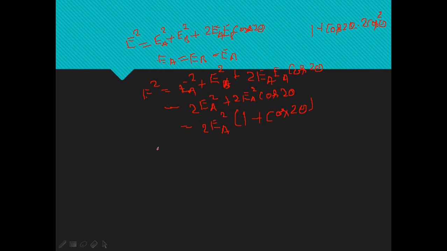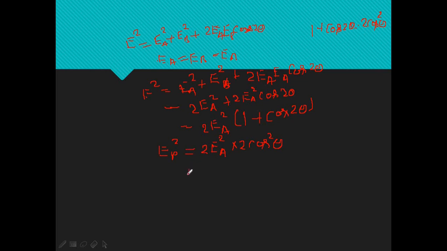Now putting the value here, this is equal to 2 EA square into 2 cos square theta, and this is equal to E, the electric field at point P, whole square.